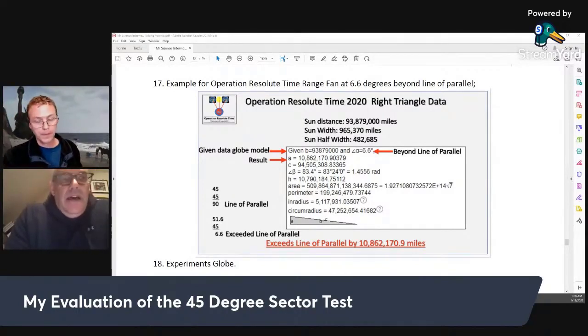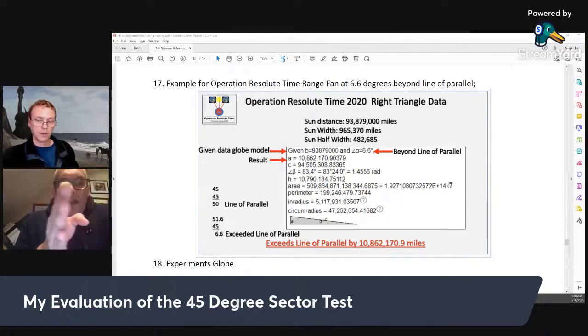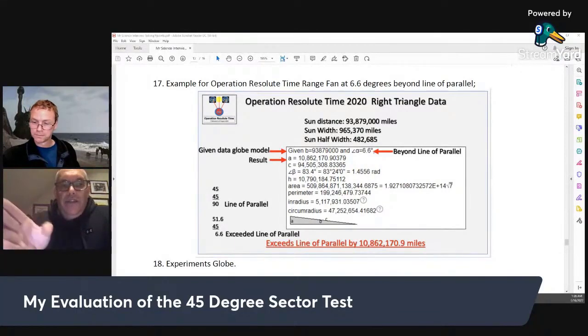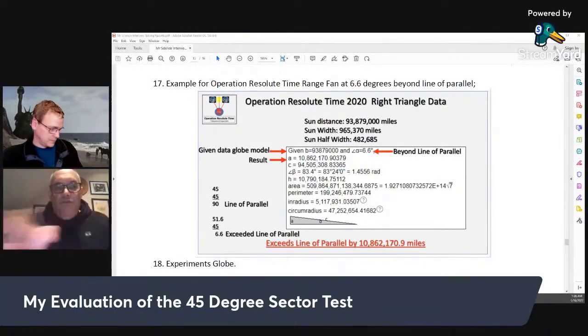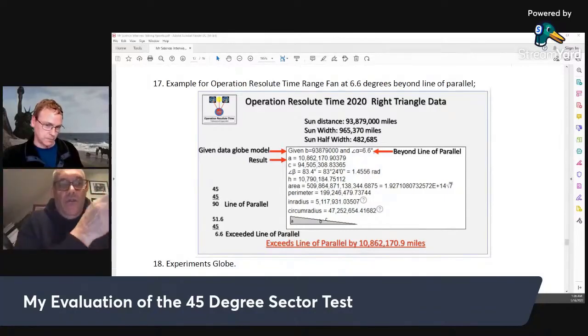So when you talk about your diagonal, you're doing what's called in military science or in surveying a graphic traverse. Your sector limit is set by your east and west movement, and then you measure your sun height. At 45 degrees, you're going to have a line of parallel.